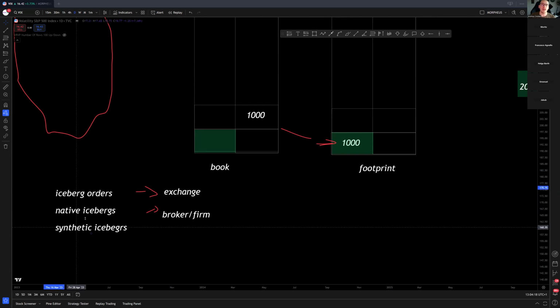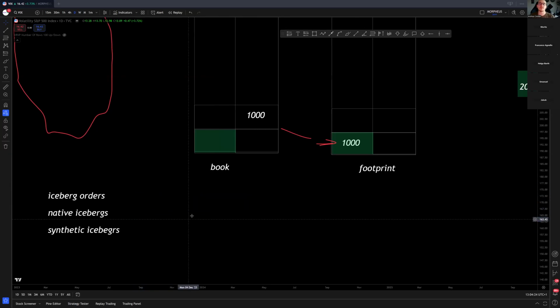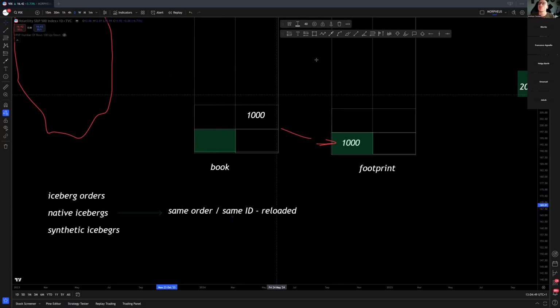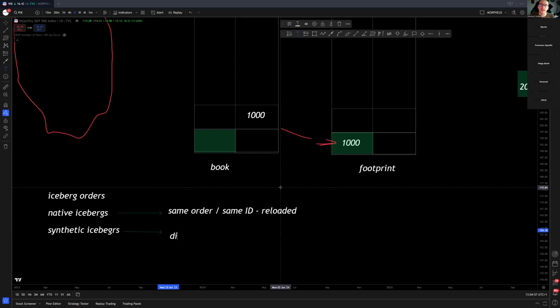Native icebergs, which are provided by the exchange, basically work like this. Every little 20 contracts that we've seen here, which is actually 1,000, you know, there's 20, 20, 20, 20, every one of those 20 is actually the same order with the same order ID, simply being reloaded. With synthetic icebergs instead, every order has a different ID.